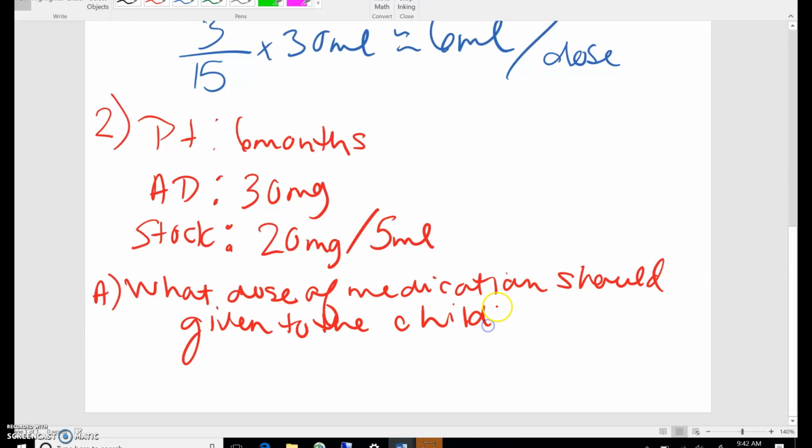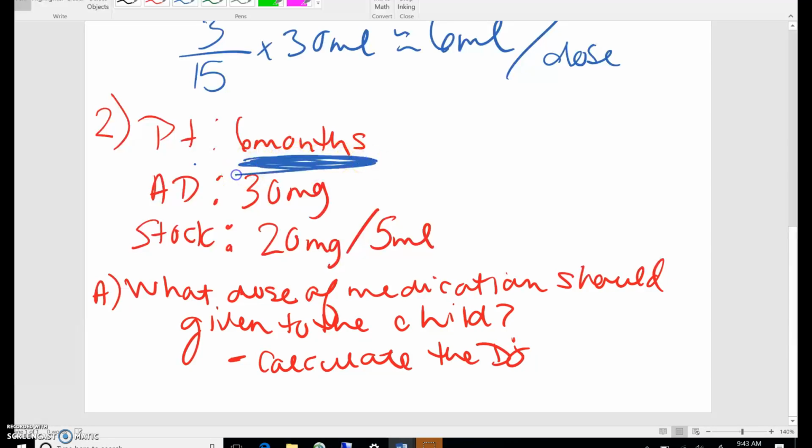So in detail, what they want you to do is calculate the dose ordered. In order to do that, you have to use one of those three formulas. Is it Young's rule? Is it Clark's rule? Or is it Fry's rule? Well, it's based off of the information that's given as far as the patient.